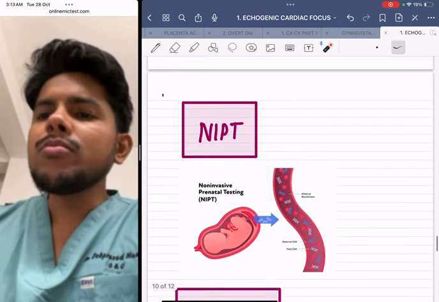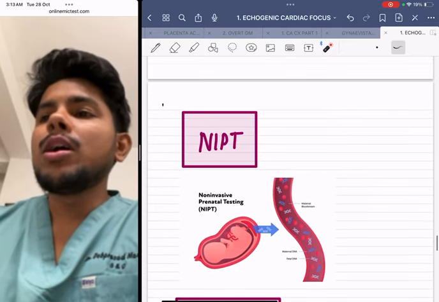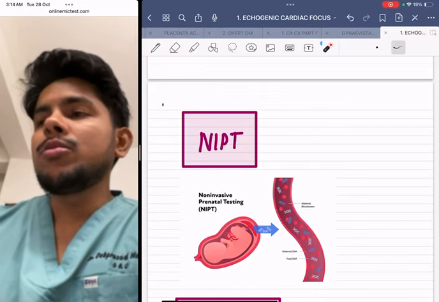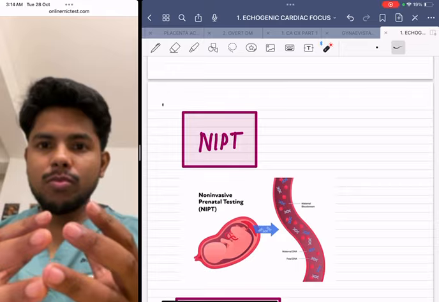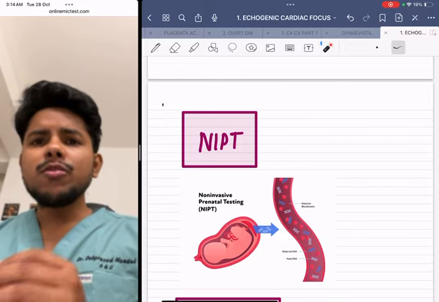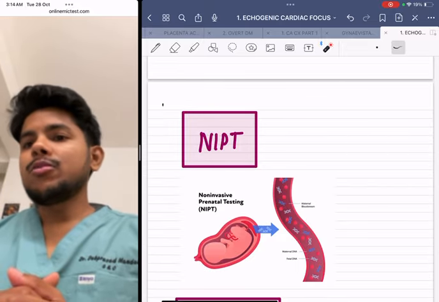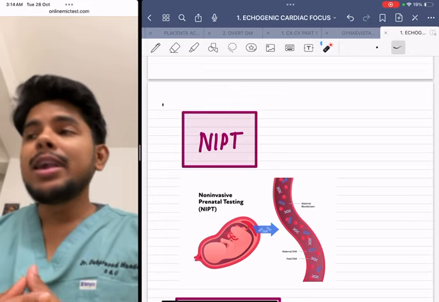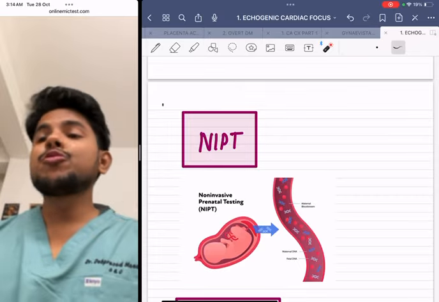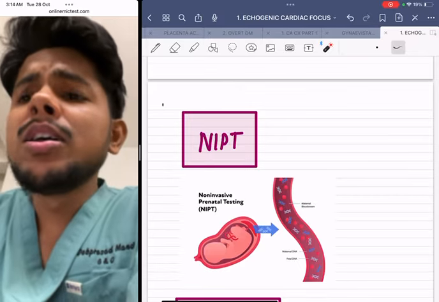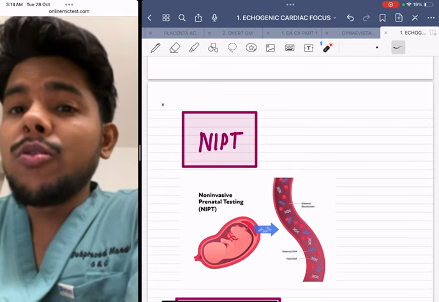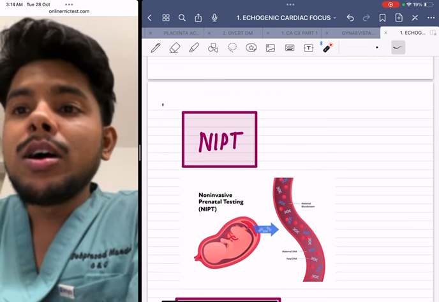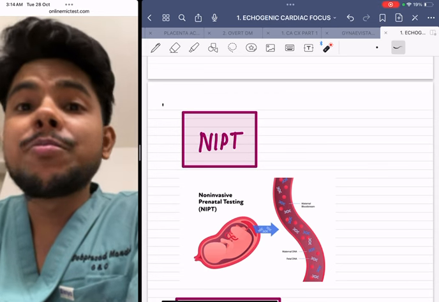Okay, now we have got something. Now if there is high risk for Down syndrome in the Down screening, if the risk is very high, less than like 1 in 250, then we go for NIPT, which is basically non-invasive prenatal testing.